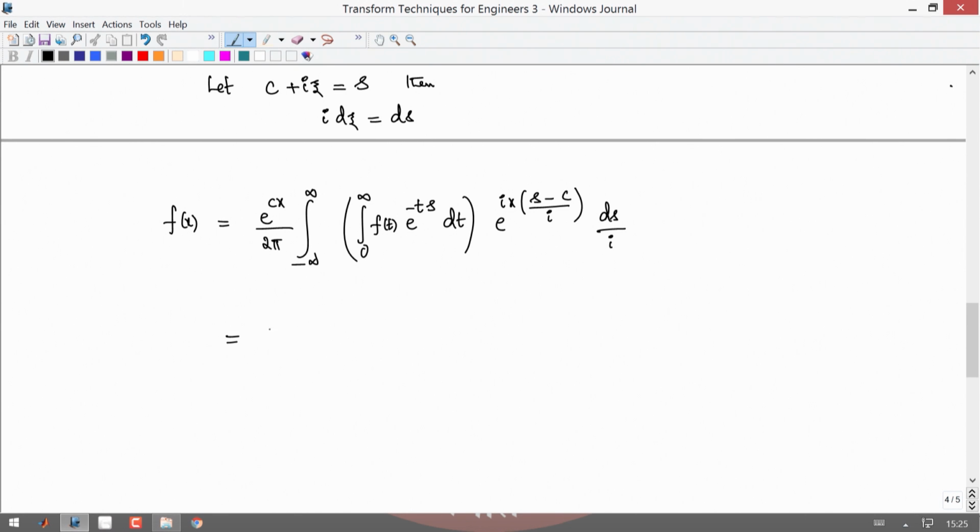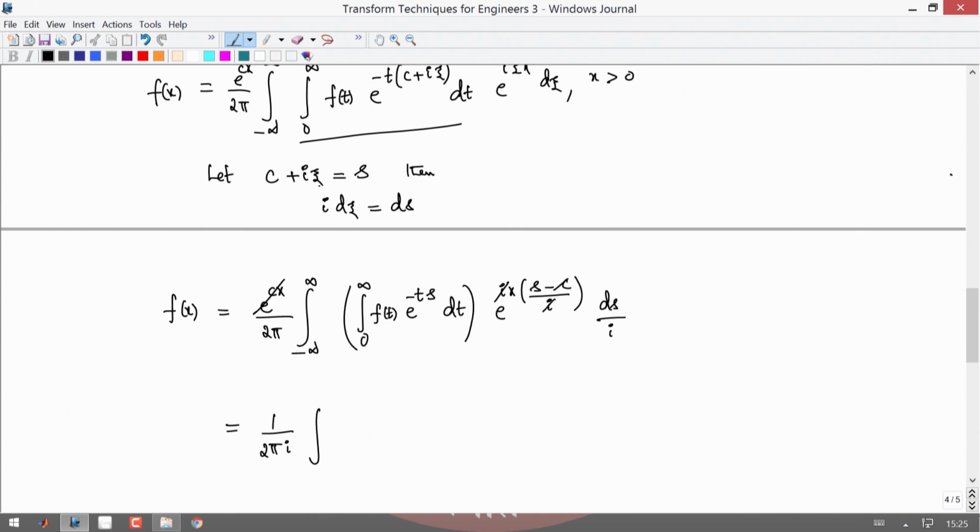So, you have e power minus cx and e power plus cx, that will go, and then what you end up with is 1 by 2 pi i, this i comes out, times this integral. And when you substitute, when you put xi equal to minus infinity, you should write this as c minus i infinity to c plus i infinity.